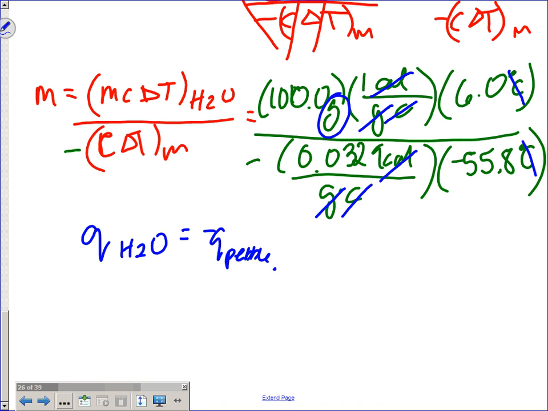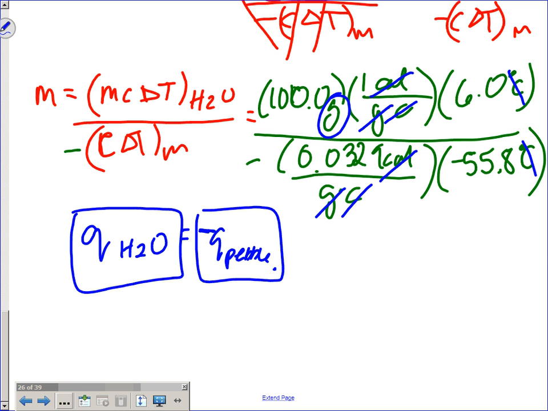Once you use your information to calculate Q of water, you already know the Q of the pebble. It's just opposite in sign, because from the perspective of being lost, it has to have a negative sign. So when you're freaking out about the negative, don't freak out. Think about system and surroundings, put it in perspective, and then you're good to go. The values are a teeny bit different due to the sig figs.